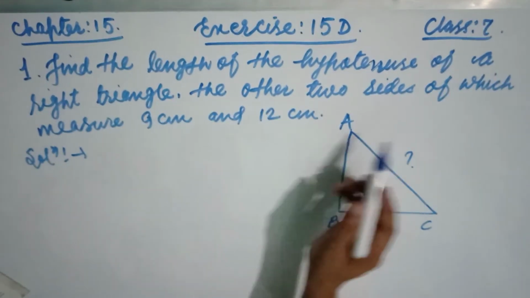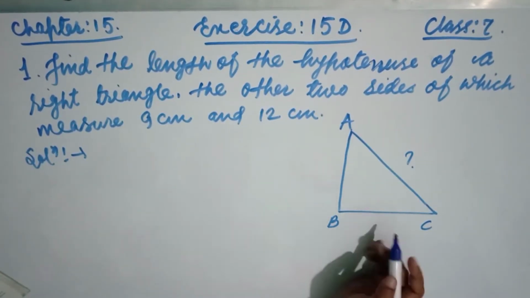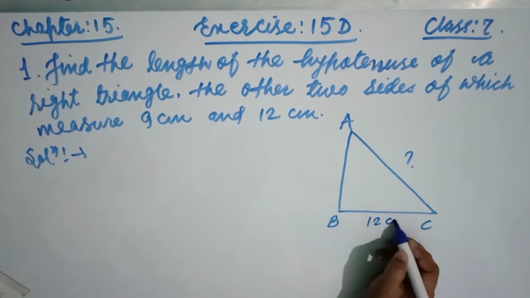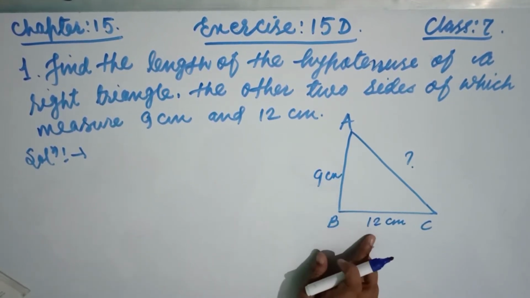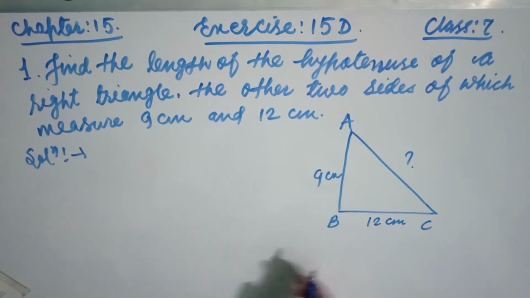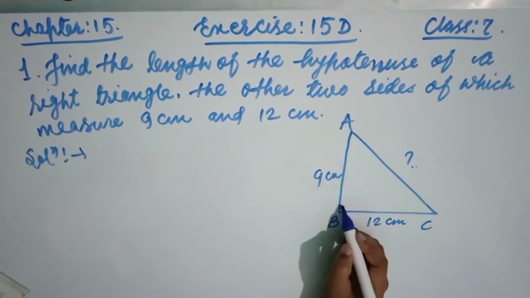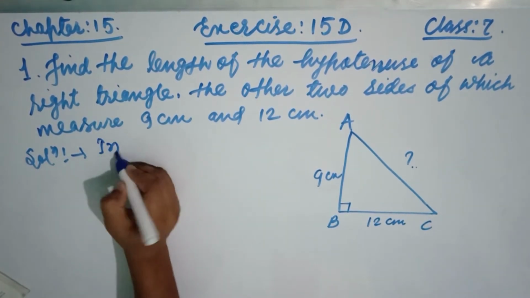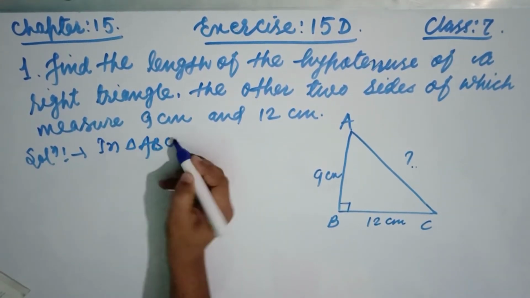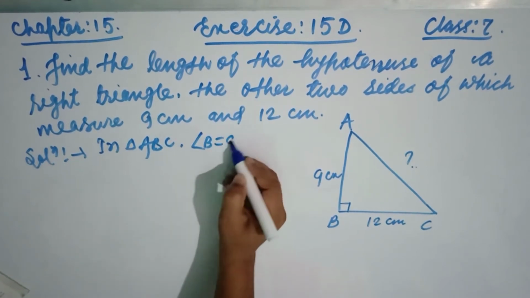The other two sides given, friends, 9 cm and 12 cm. This is suppose 12 cm and this is 9 cm, or we can take, friends, this is 12 or this 9. Okay, now find the value of this, friends. So friends, this is right angle triangle. Okay, now in triangle ABC, angle B is equal to 90 degree, means right angle triangle.